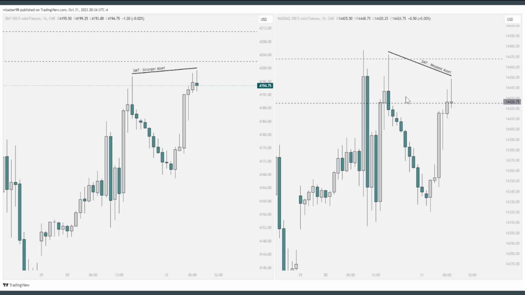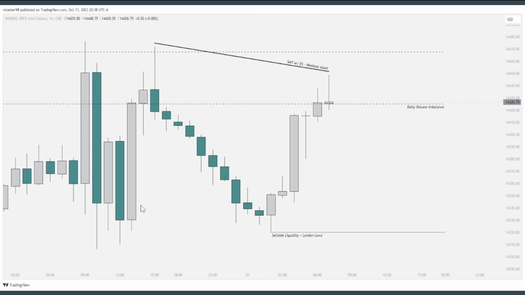So automatically I know that we're inside of a higher time frame PD array, and the hourly chart is showing SMT divergence inside of that higher time frame PD array. So if I'm going to look for a short, my focus will be on the NASDAQ.